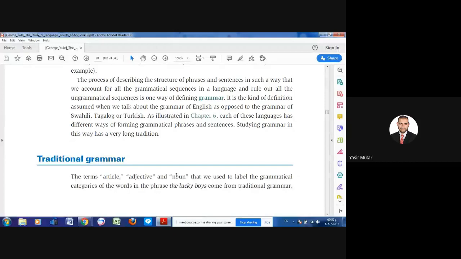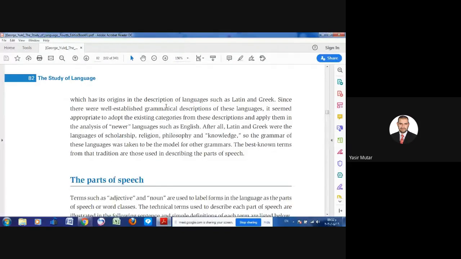You'll see those items, and these items, as written here, were originally taken from Latin and Greek.